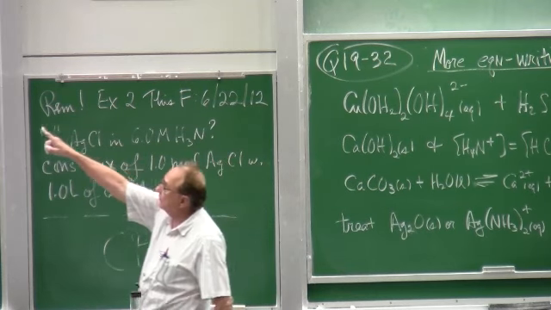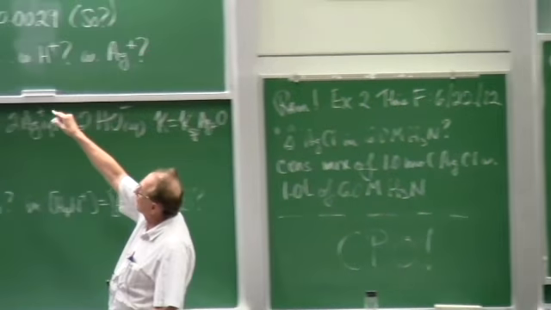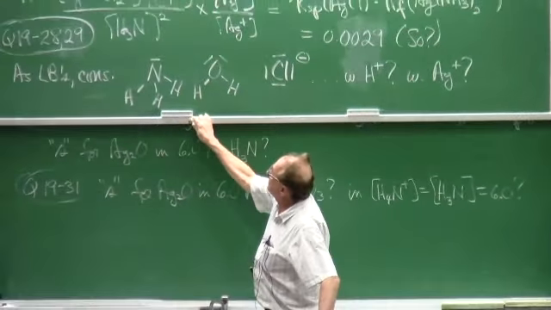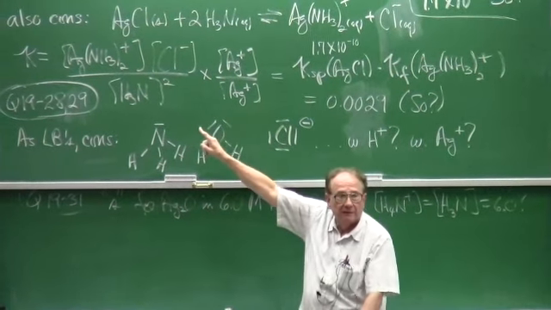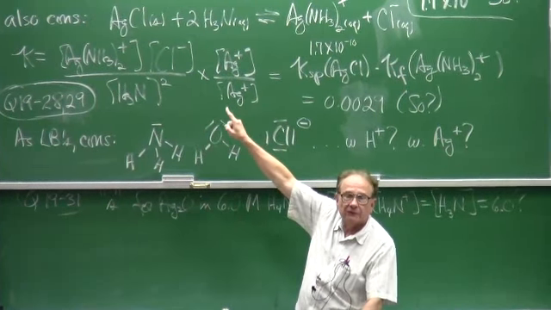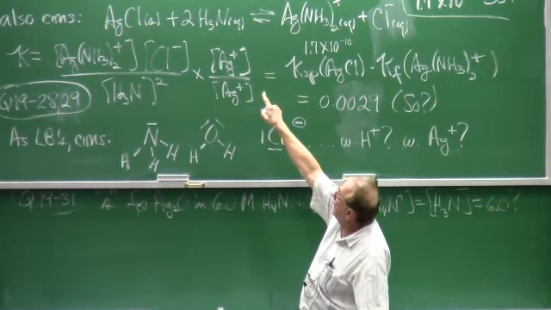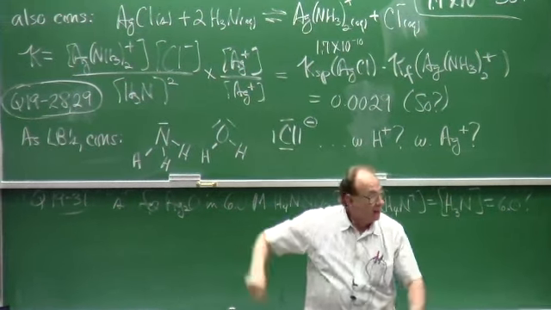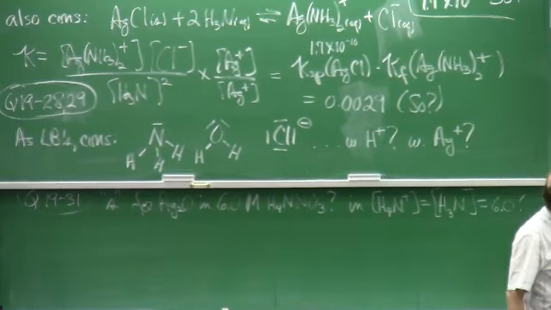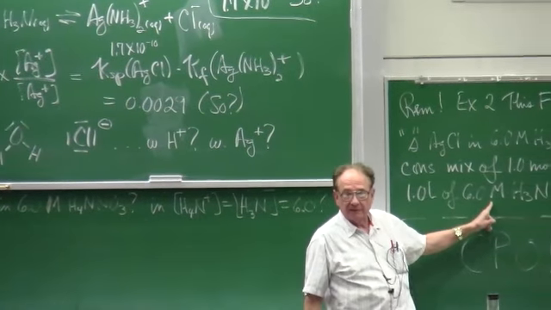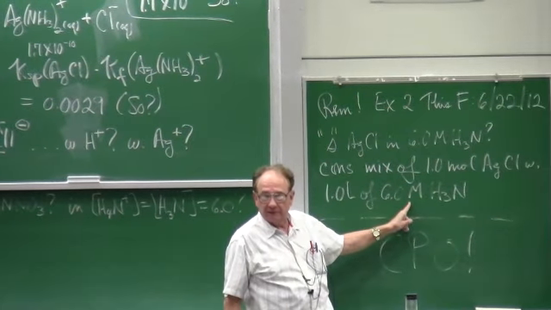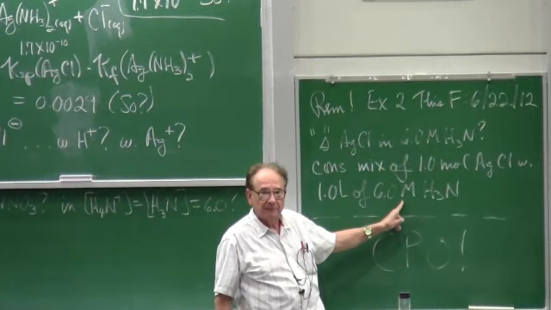Now, this reaction equation tells us on dissolving silver chloride with ammonia, per mole of silver chloride dissolved, you've got to have at least 2 moles of ammonia. Well, here we got the ratio of ammonia to chloride ion 6 to 1. A good deal greater than 2 to 1.